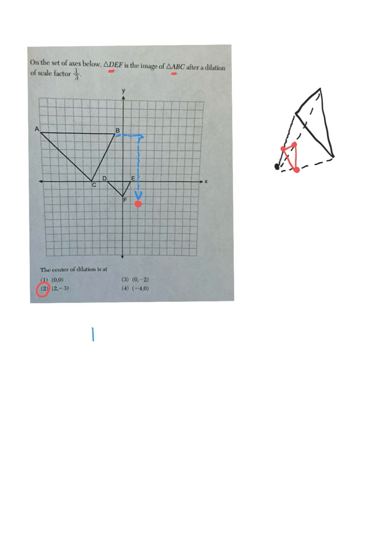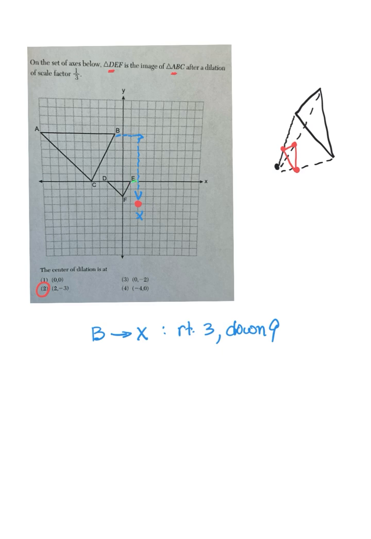Okay, so to get from B to that, I'm just going to call it X, okay? To get from B to X, what I did was I went to the right 3, and then I went down 9, right? Now, B corresponds to E, right? So do the same thing from E to the point of dilation.